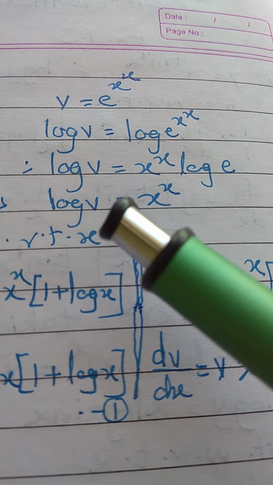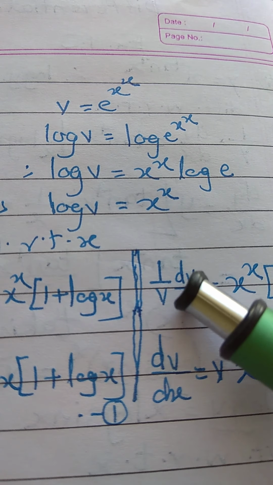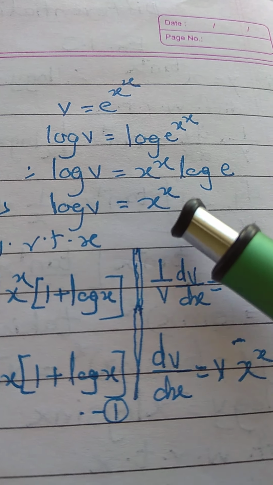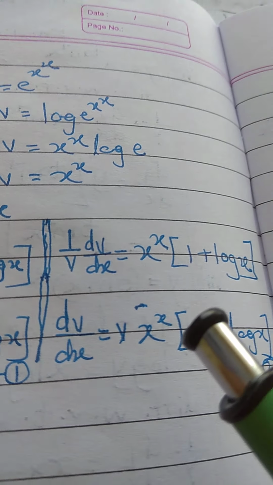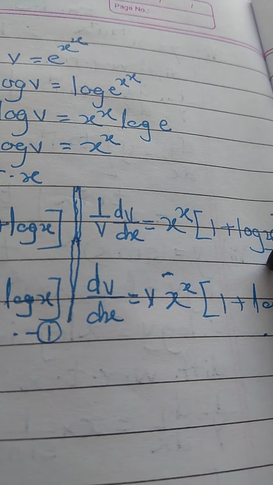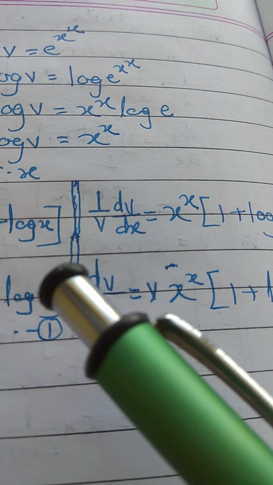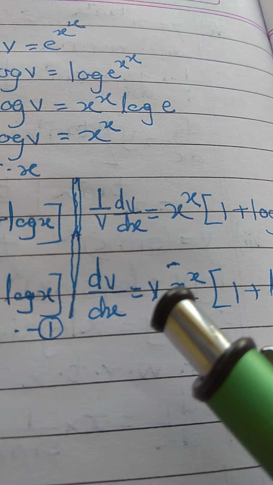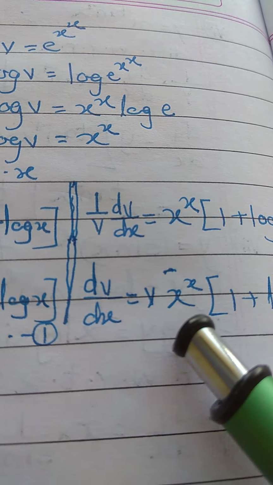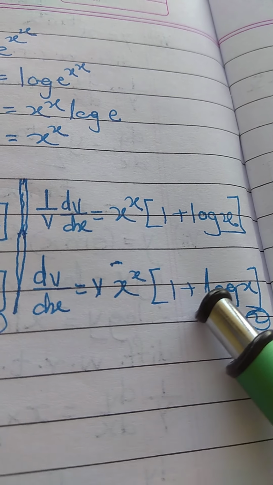Differentiating with respect to x, we will have derivative of log of something 1 upon that thing. Derivative of v is dv by dx. We know that derivative of x raised to x is x raised to x in bracket 1 plus log of x. Now this upon v will go to that side and will become into v. So dv by dx is v into x raised to x in bracket 1 plus log of x.